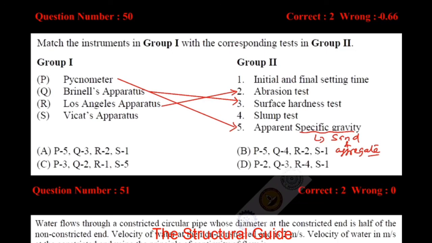And the Vicat apparatus is used to find the initial and final setting time of cement. The initial and final setting time is a property of the cement. As I have already told in the previous class, the initial setting time is 30 minutes and the final setting time is 10 hours for OPC, ordinary Portland cement.